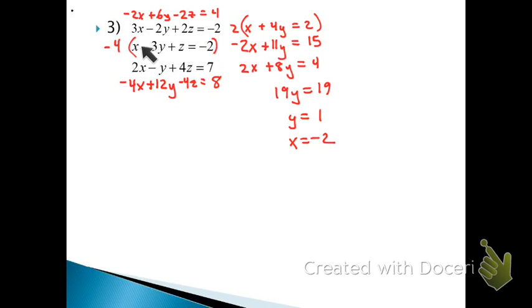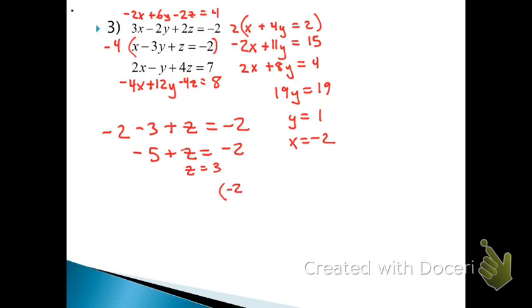Agree? So -2, and then -3 times y, -3. I know you could have done that in your head. Plus z equals -2. -5 plus z equals -2. Add 5, z equals 3. So our final answer as an ordered triple is what? -2, comma 1, comma 3.